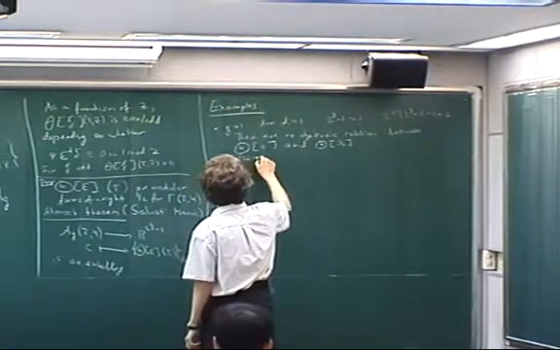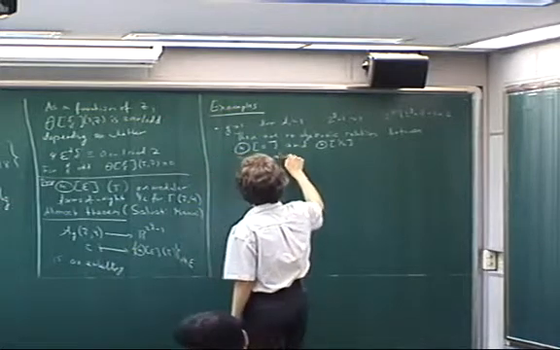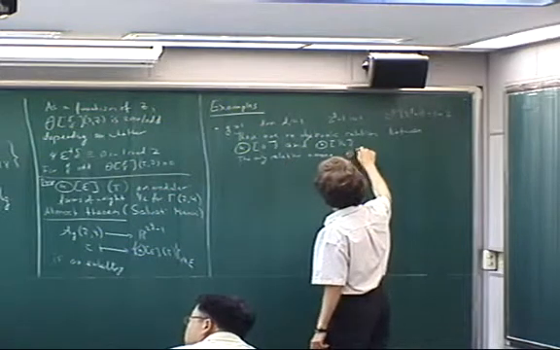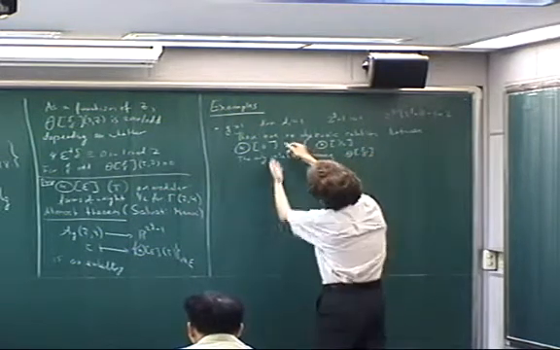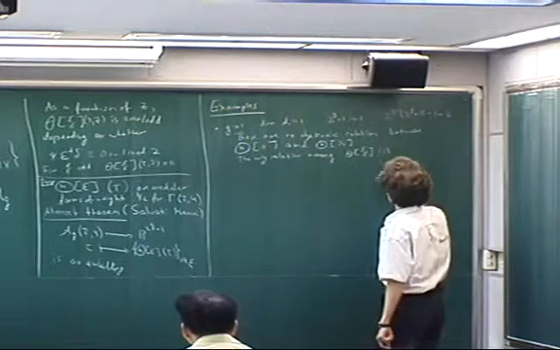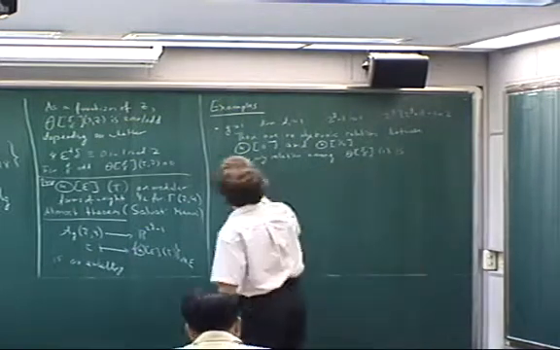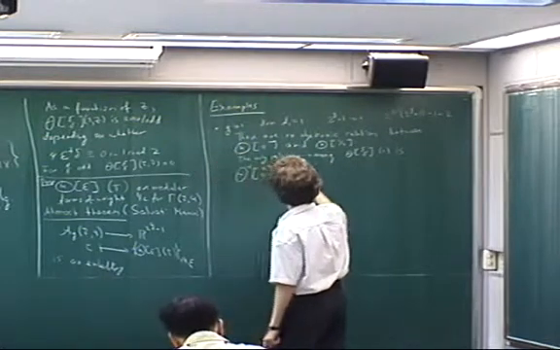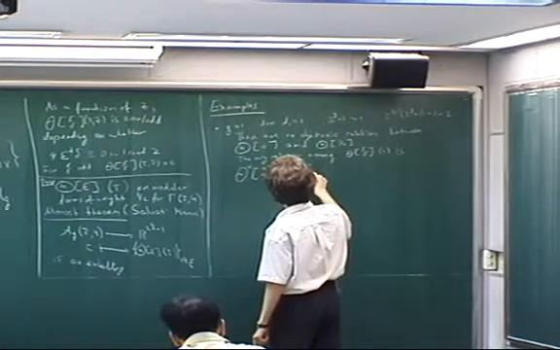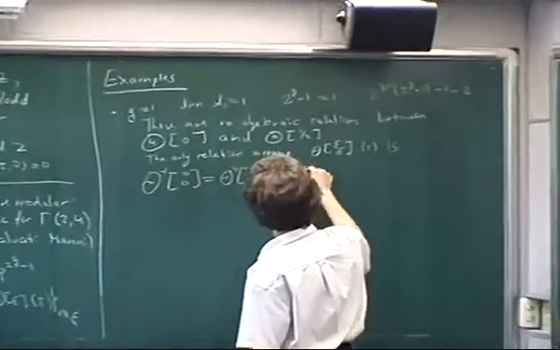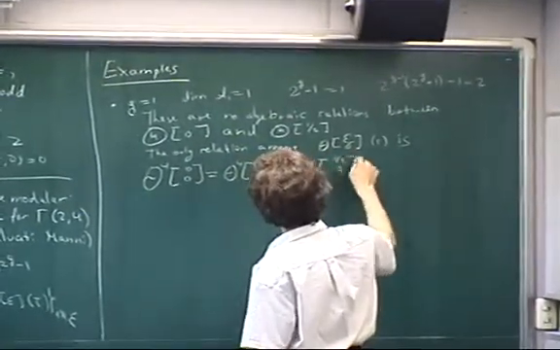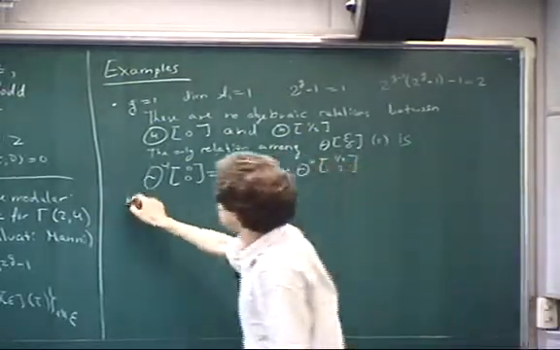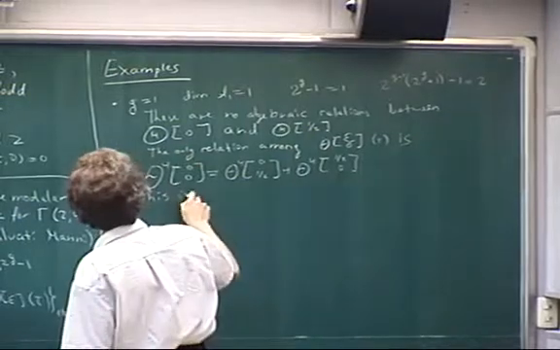Okay, so the only relation among the theta constants with characteristics, so there is a tau here that I'm not writing, is the following. It's theta to the fourth (0,0) is equal to theta to the fourth (0,1/2) plus theta to the fourth (1/2,0). Okay. How do you prove this? This is implied by the bilinear relation.